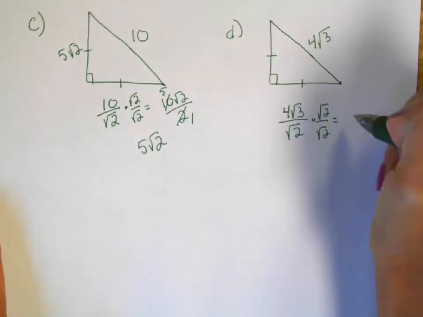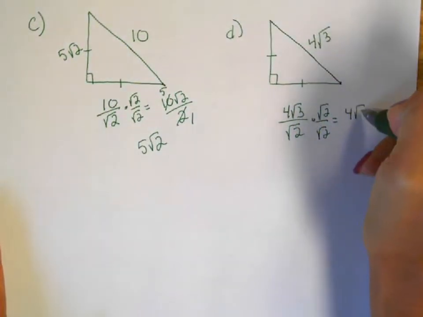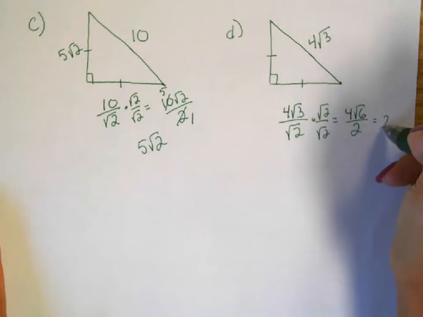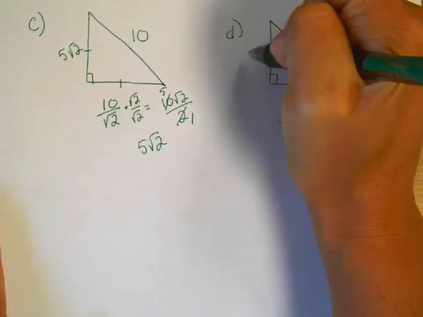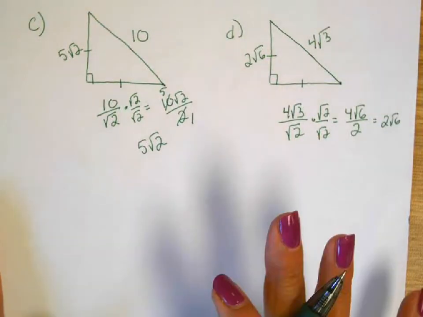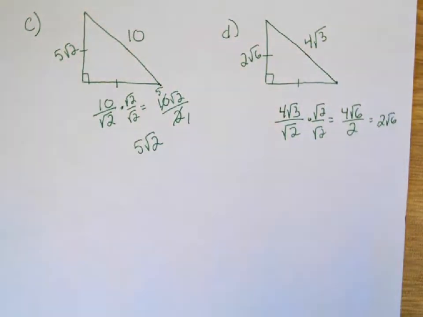So we get 4 square root of 6 over 2. And the 2 and the 4 are reduced again: 2 square root of 6. Okay, so we've got the 45, 45. Legs are equal. Times by square root of 2 to get the hypotenuse, divide to get back to the leg.